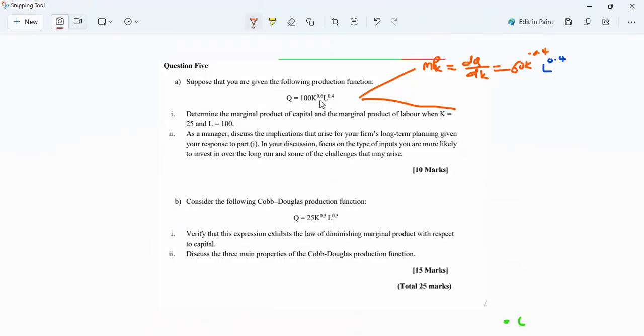So 0.6 minus 1 is negative 0.4. If you want, you can rewrite it in positive index as L^0.4 over K^0.4. The negative goes down. It becomes a positive when it is in here.